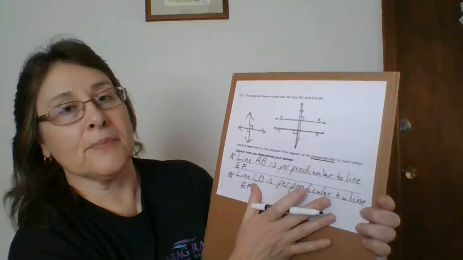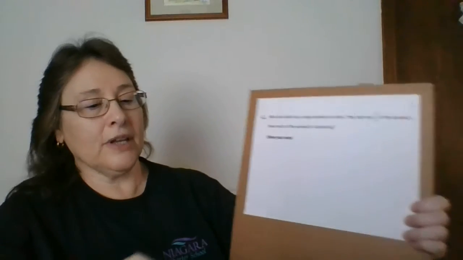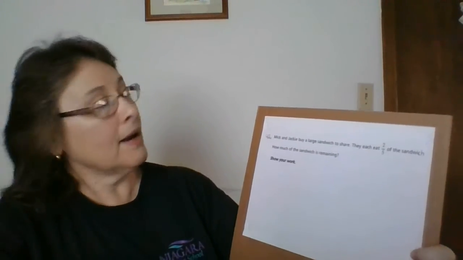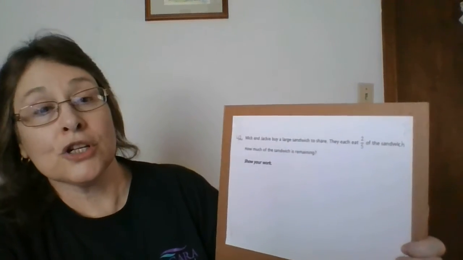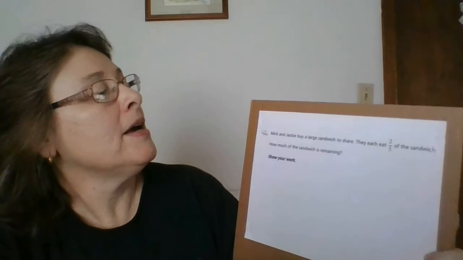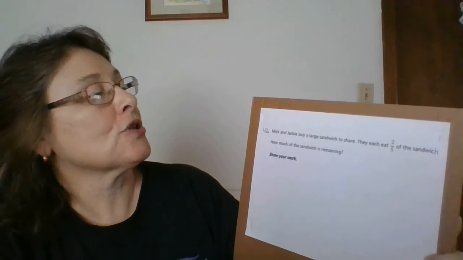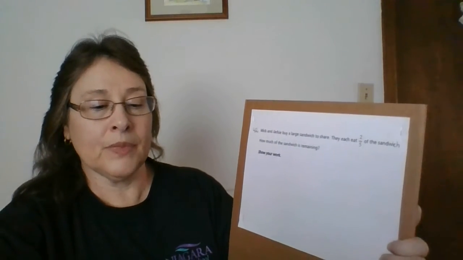That's what perpendicular means. Okay, and our last question for today, it says, Mick and Jackie buy a large sandwich to share. They each eat 2/5 of a sandwich. How much of the sandwich is remaining?